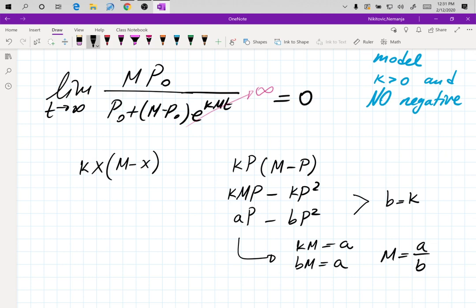And now what we can think of is the situation where the initial population is larger than the carrying capacity.